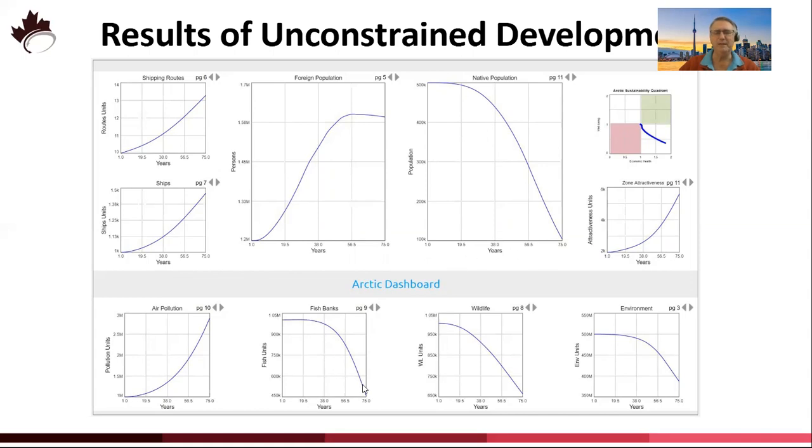We have the fish banks being negatively affected, wildlife being negatively affected, and the environment as a whole being negatively affected by unconstrained development.